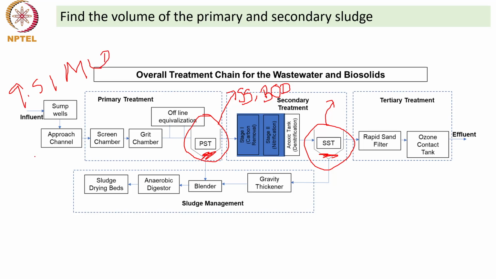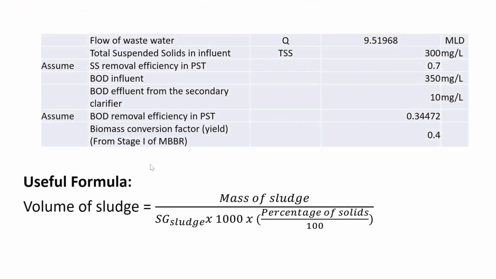The total suspended solids coming in is 300 mg per liter.